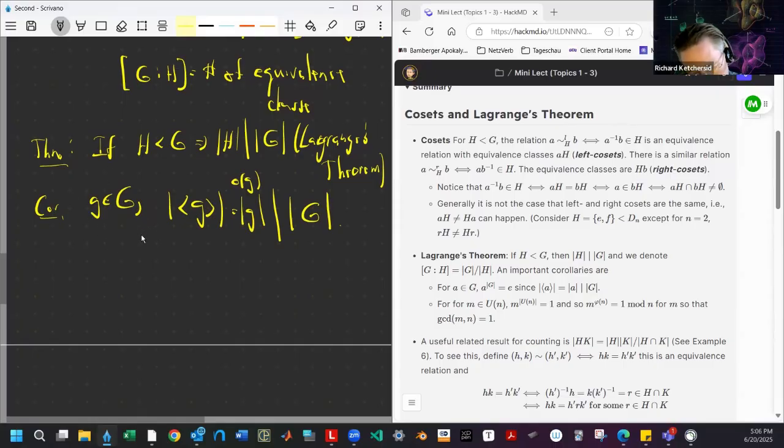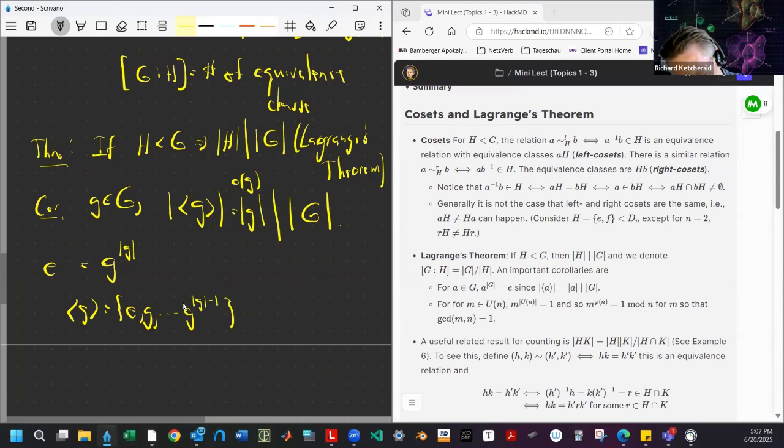So in particular, one thing you know is that g to the order of g is e, because that's what the order of g means. Let's just remind ourselves: this is e, g, etc., up to g to the order of g minus 1.